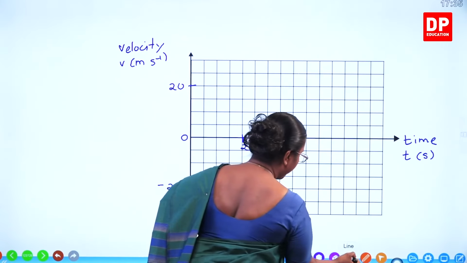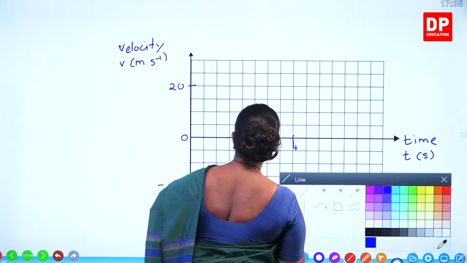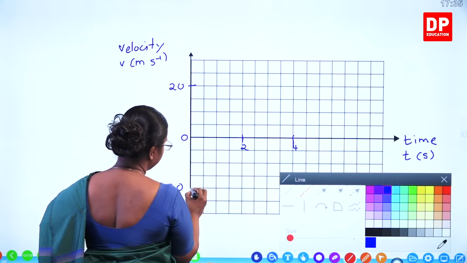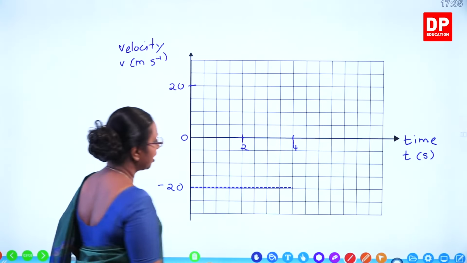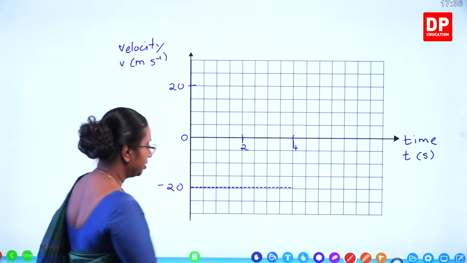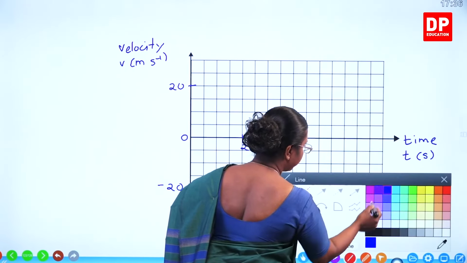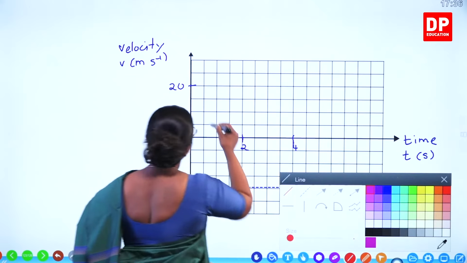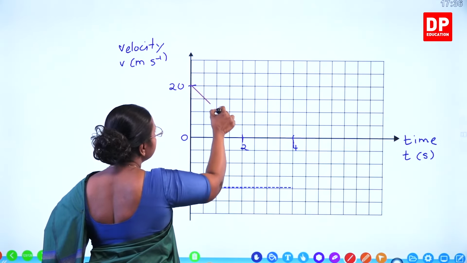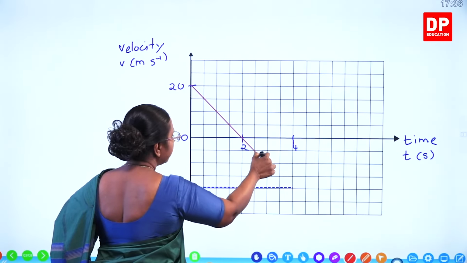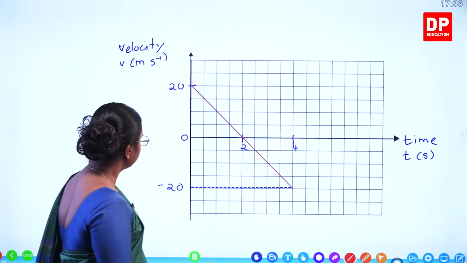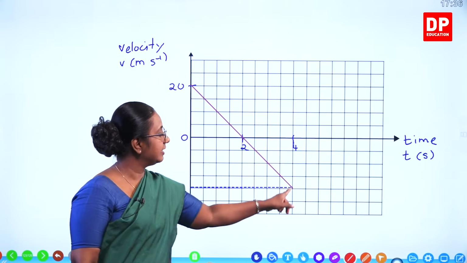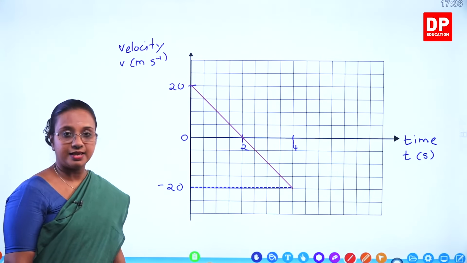I will mark the points first so that we can identify the coordinates easily. It has to come up to this point. So if I plot the graph now, it will start from 20, reach 0 at the end of 2 seconds, and finally come to minus 20 at the end of 4 seconds.